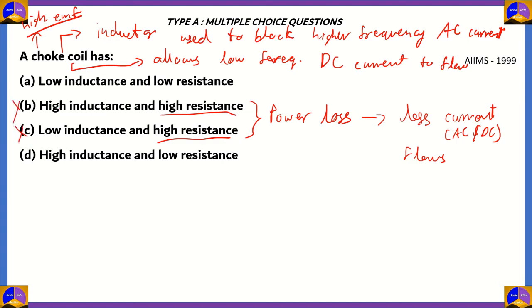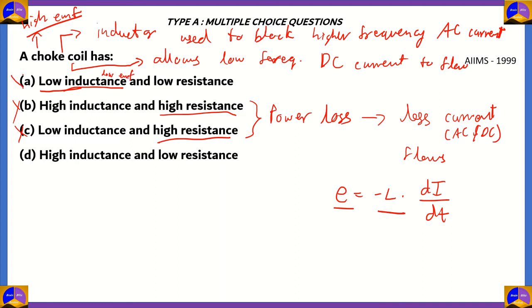What about option A, low inductance? Now, if you remember the formula, E is equal to minus L times di by dt, you would know that the EMF is directly proportional to the inductance. So a low inductance means low EMF.